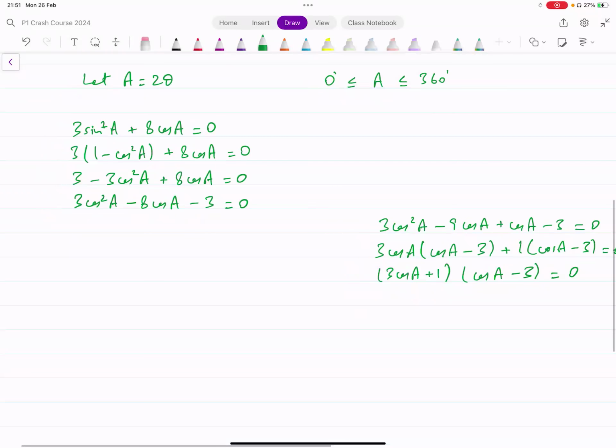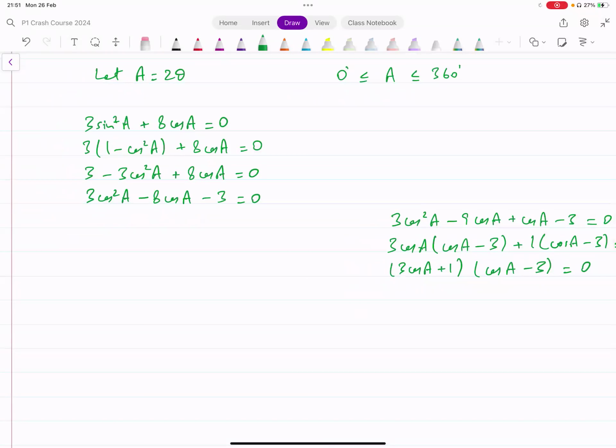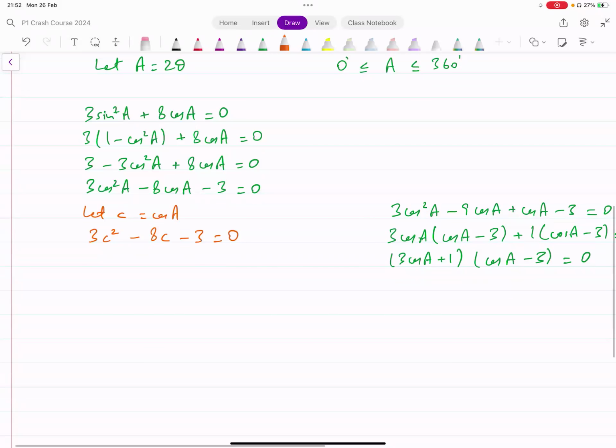Or you could use a substitution as well. You could say, let C equal cos A, and then use that substitution like this: 3C squared minus 8C minus 3. Or another letter, you could use U or whatever else you want. It doesn't really matter. And factorize it after using the substitution.